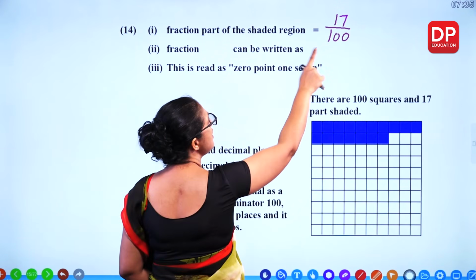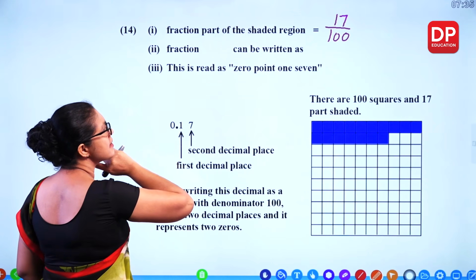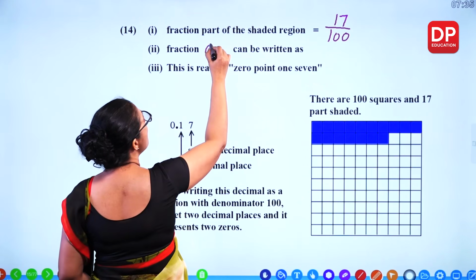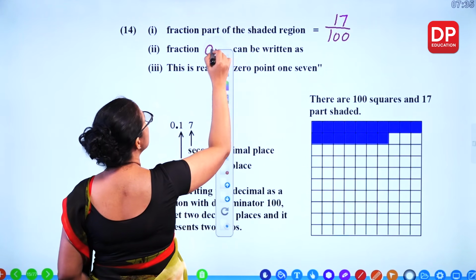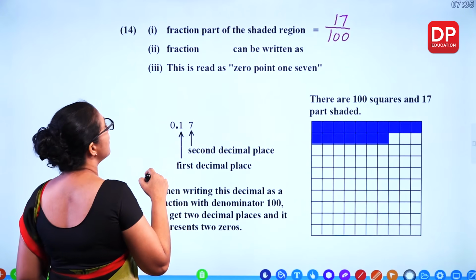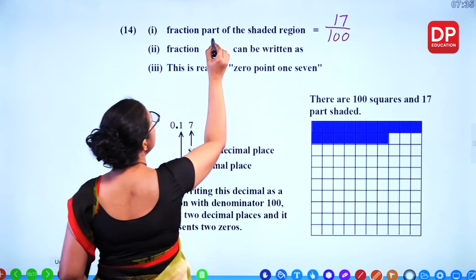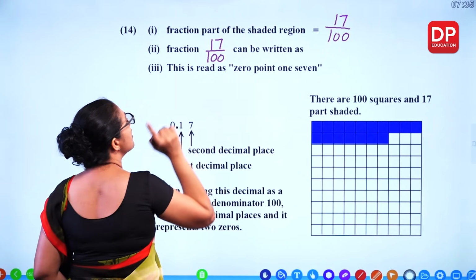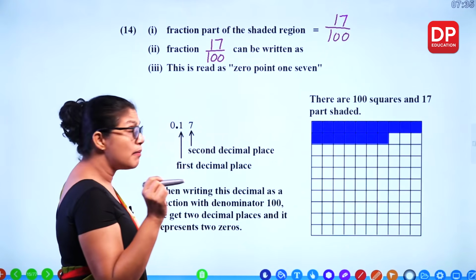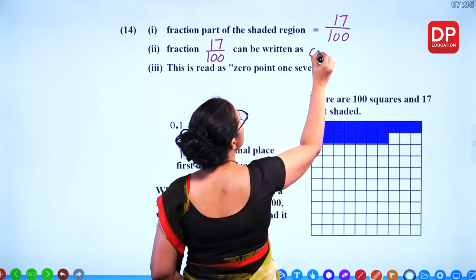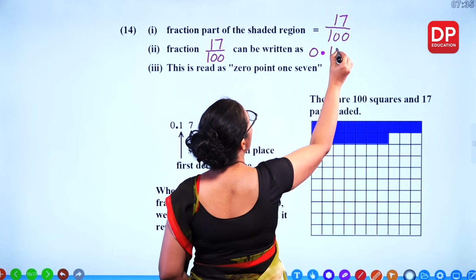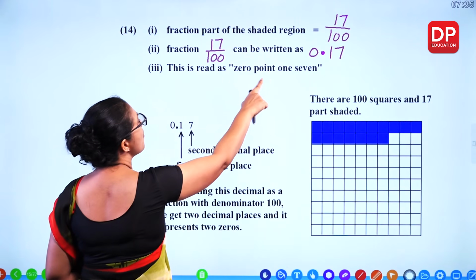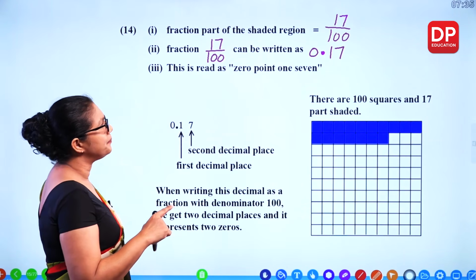This fraction, 17 over 100, can be written as a decimal, 0.17.